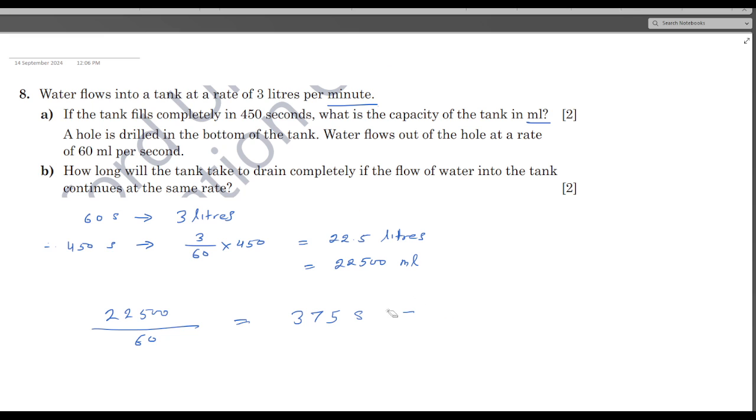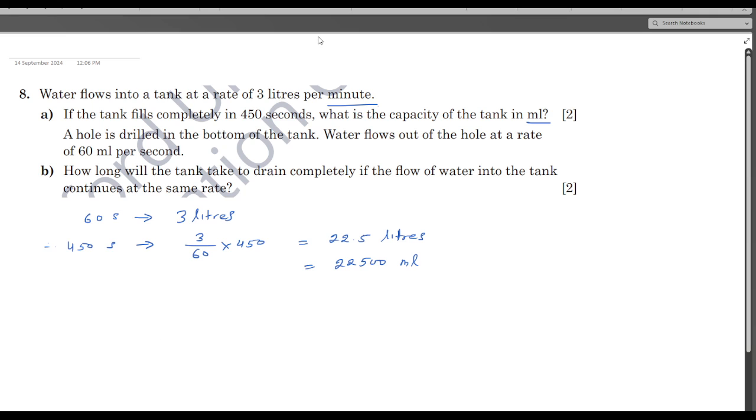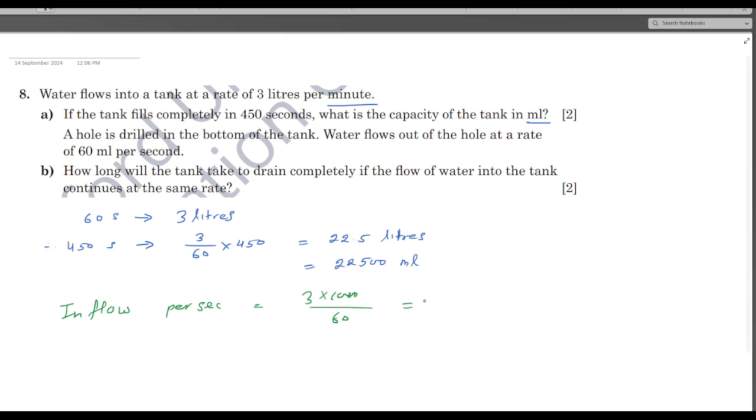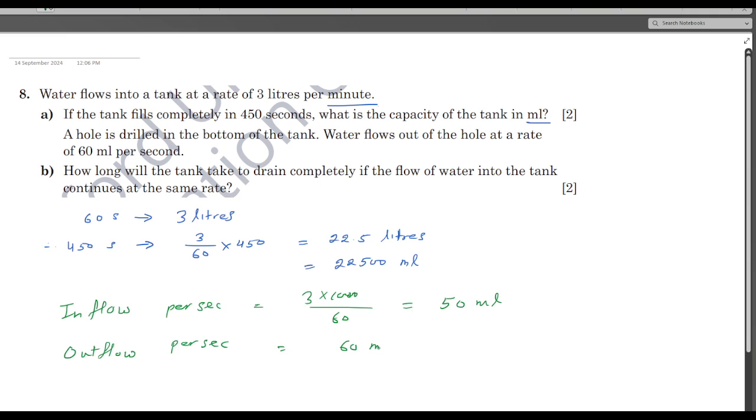So here, inflow of water per second is 3 liters, that is 3000 divided by 60, which is equal to 50 milliliters, and outflow per second is your 60 milliliters.